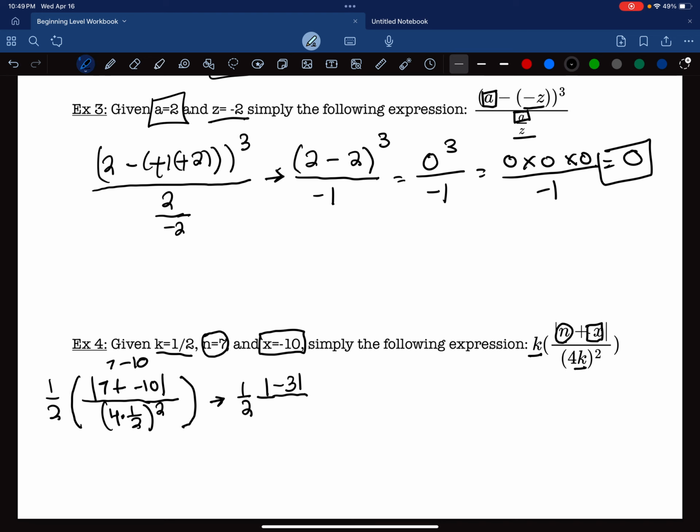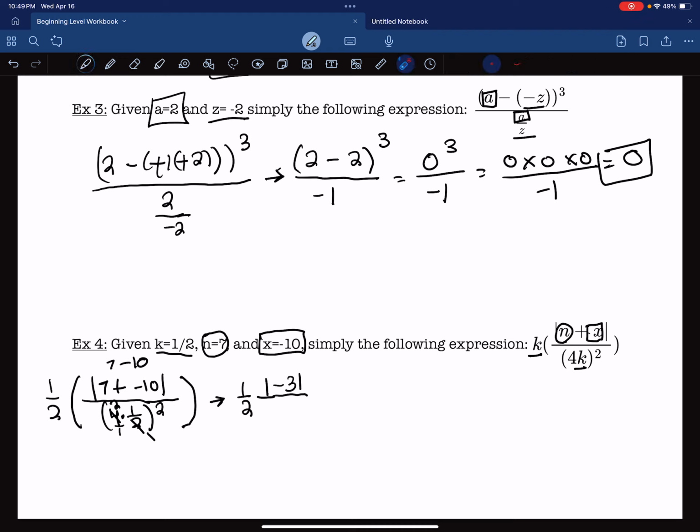And then here, we're going to simplify what's in these parentheses before we square it. So looking at this, we can write this as 4 over 1. And then we can cross reduce here. We can divide both 4 and 2 by 2. So we're going to have 2 divided by 2, which is 1. And 4 divided by 2 is 2.